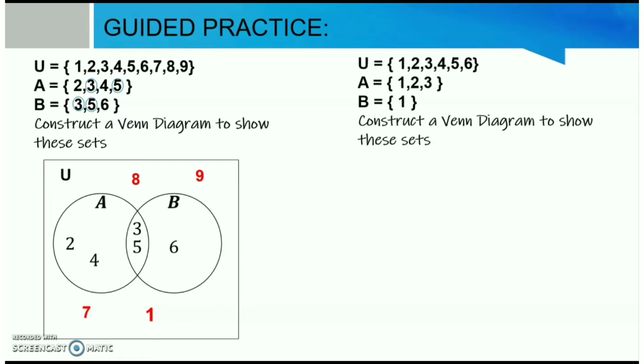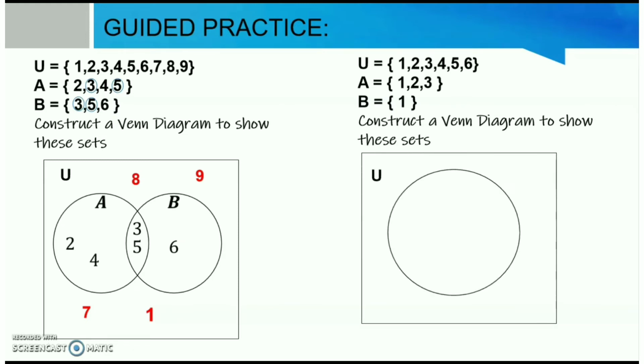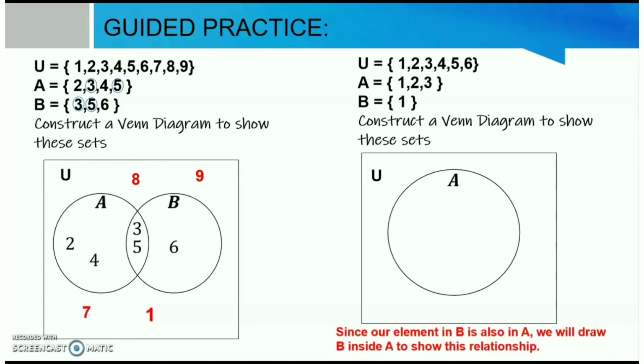Okay, next. We have here universal set 1, 2, 3, 4, 5, and 6. Set A is 1, 2, and 3, and our set B is 1. Now, construct a Venn diagram to show these sets. Okay, so again, ganito kung paano gumawa ng Venn diagram. Let's denote this circle as set A. And since our element in B, which is 1, is also in A, we will draw B inside A to show this relationship.